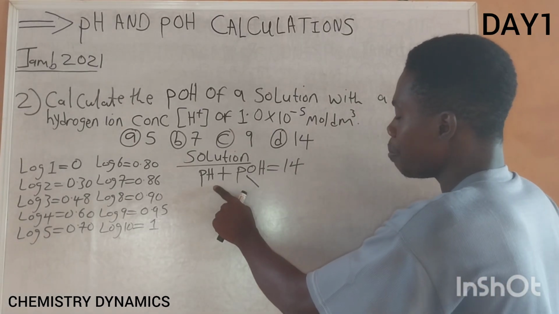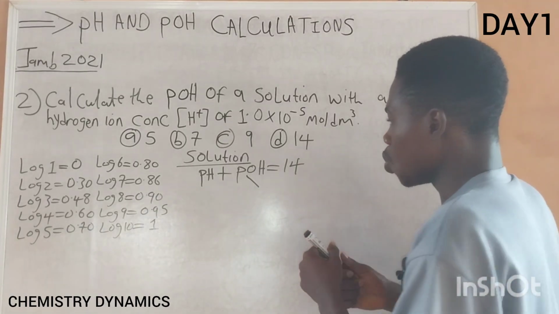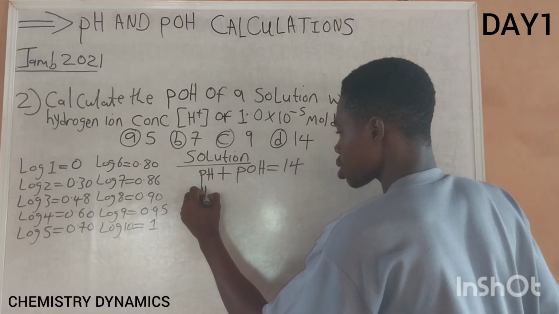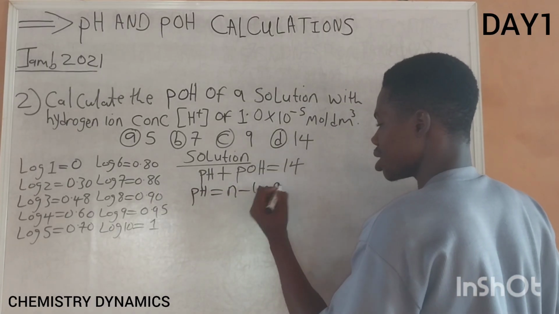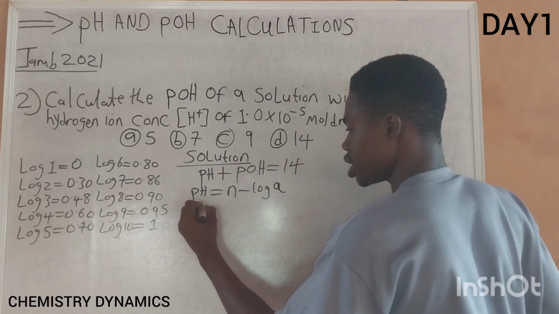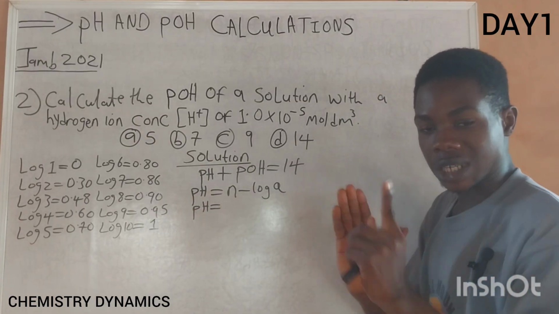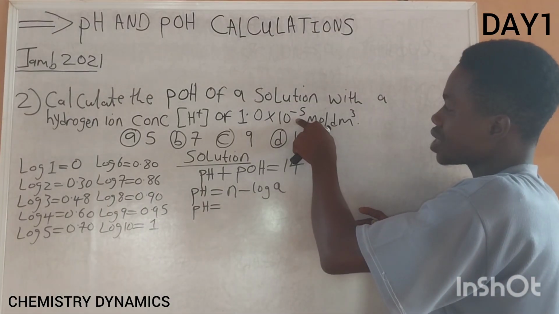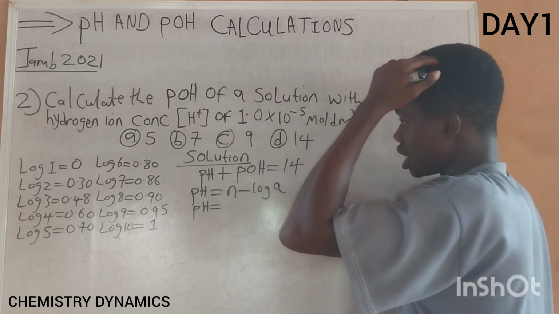Now, in finding our pH, first of all, we're going to use the short formula. It's very easy. pH will be equal to N minus log A. N is the power. Please take note of this formula. This N is the power of the hydrogen ion concentration they gave you here.